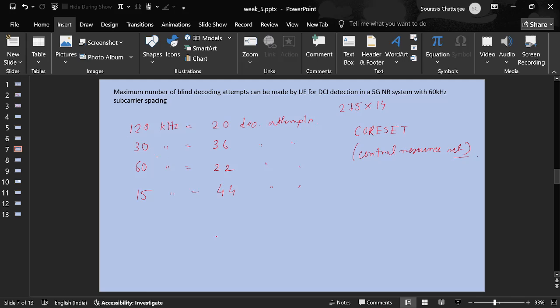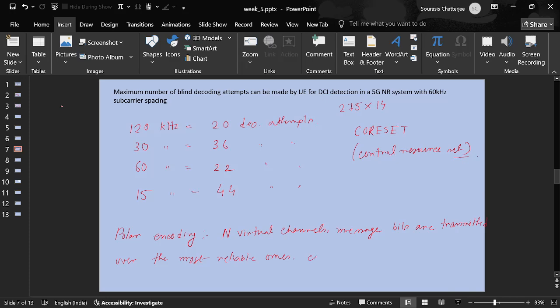Okay, let us write it down here. So if we talk about polar encoding, there are n virtual channels, and message bits are transmitted over the most reliable ones.